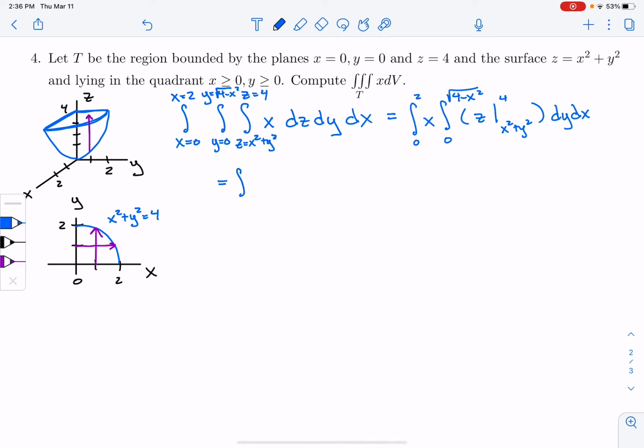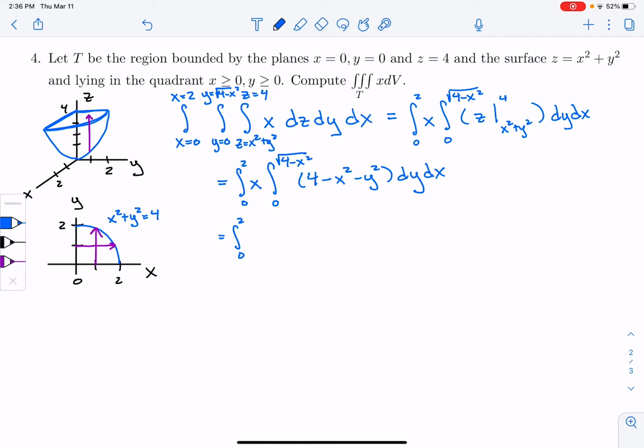So again, I have the integral from 0 to 2 of x, and then the integral from 0 to square root of 4 minus x squared. I'm going to evaluate the z, so I'm going to get 4 minus x squared minus y squared. And I want to integrate that now dy dx. Well, I'm going to integrate from 0 to 2.